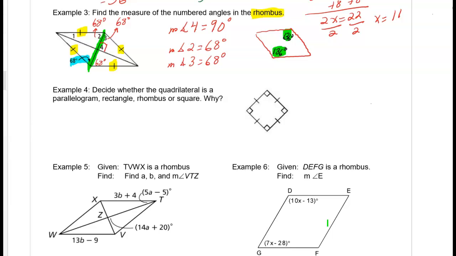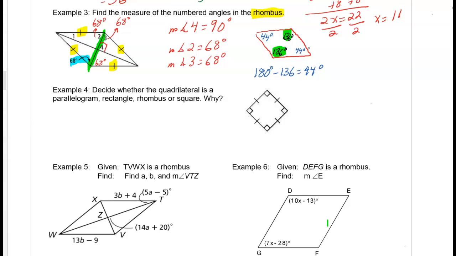We know consecutive angles are supplementary. So if I do 180 take away 136, I'm going to write that down. So 180 minus 136, I'm going to get 44 degrees. So the top left angle is 44 degrees, the bottom right angle is 44 degrees.